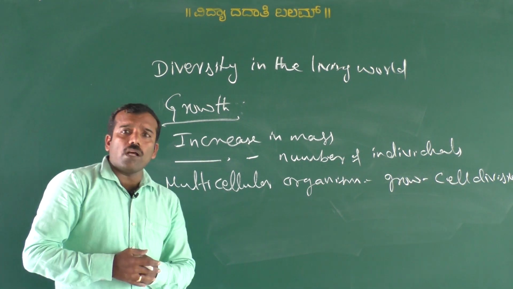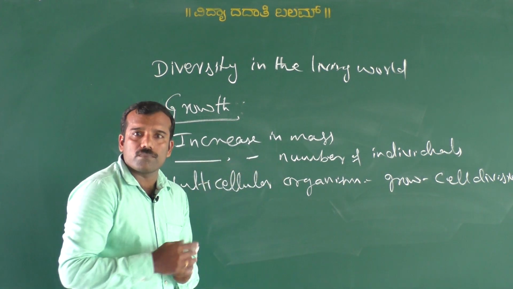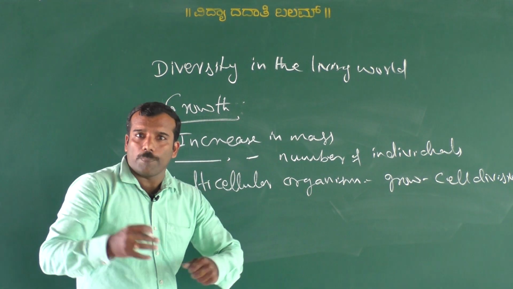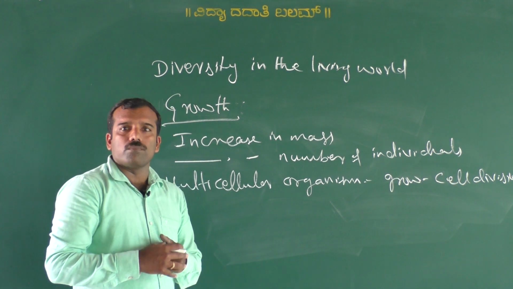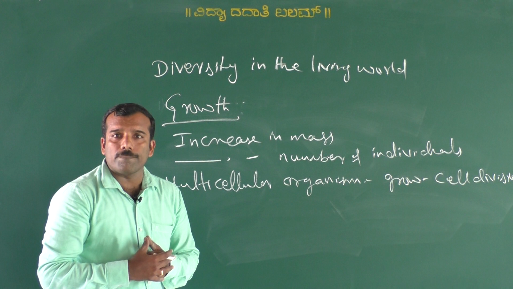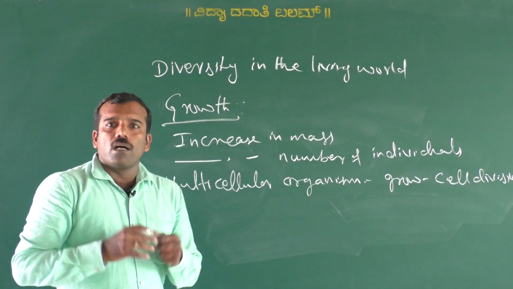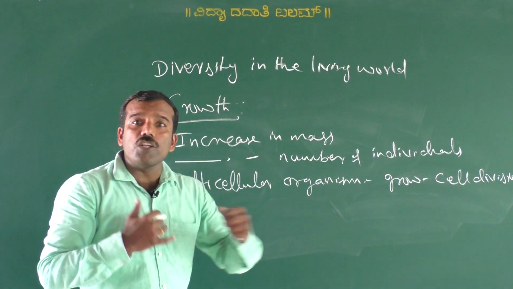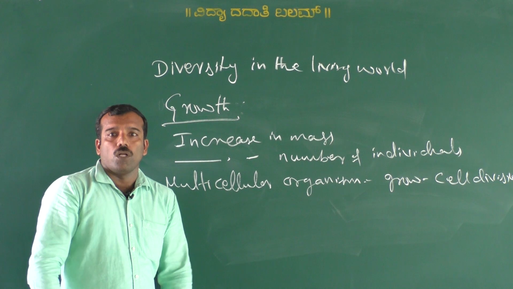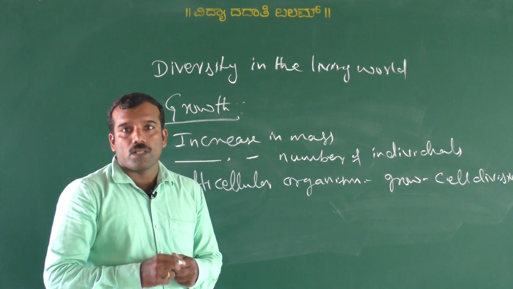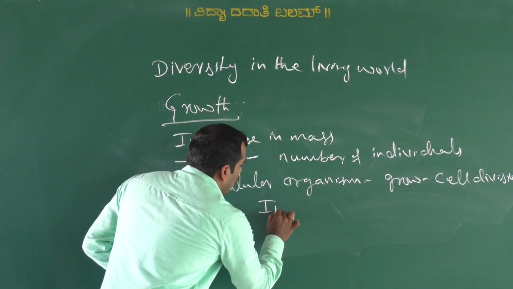In a multicellular organism like plants, cell division continues in certain regions of the plant body. That is where the plant has meristematic tissue, at the tip of the stem and tip of the root. So in plants, growth is continuous throughout the lifespan. That is why growth in plants is called indefinite growth.